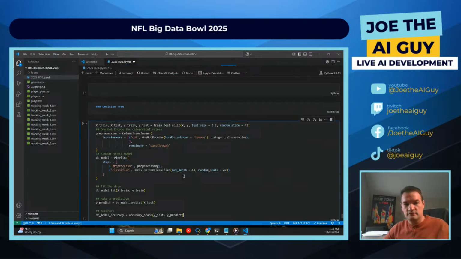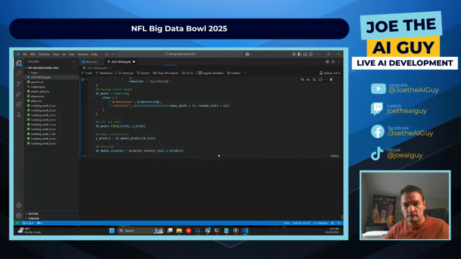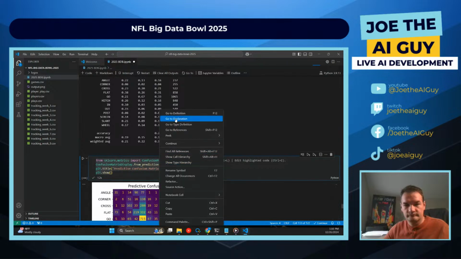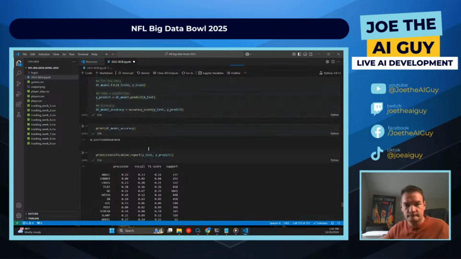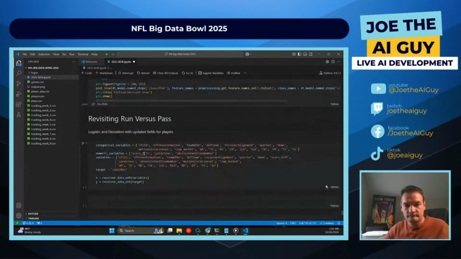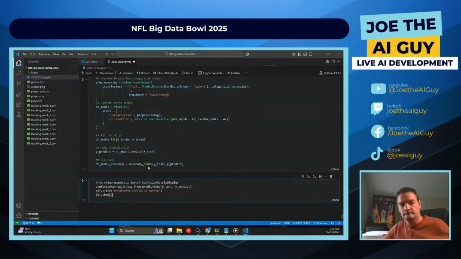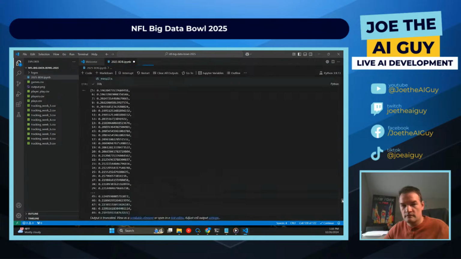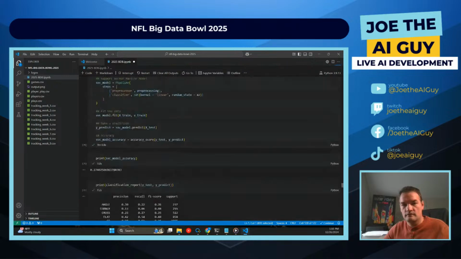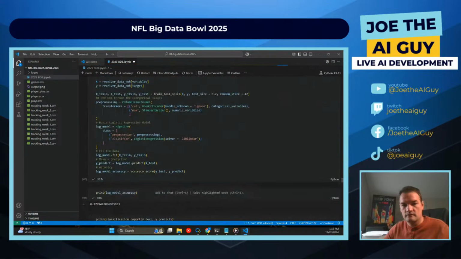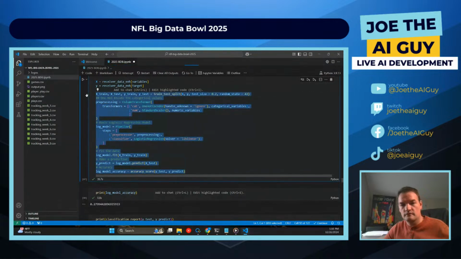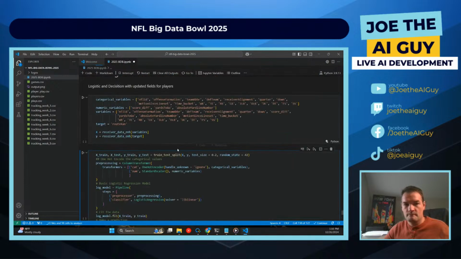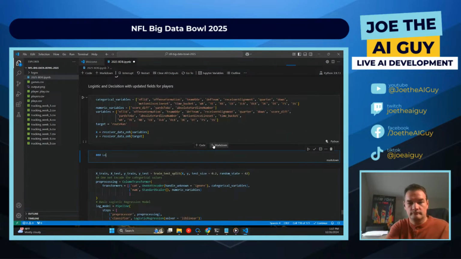This is the decision tree. Then let's go up here. Logistic.